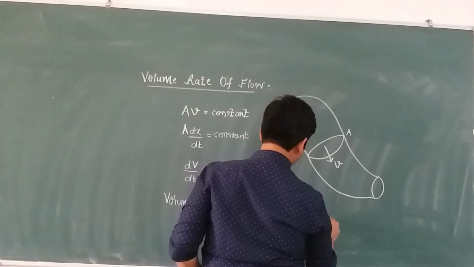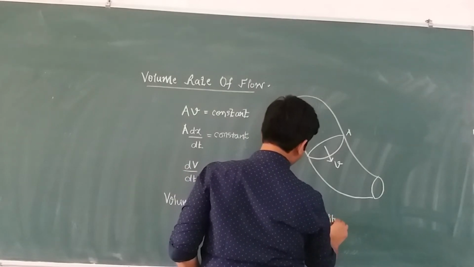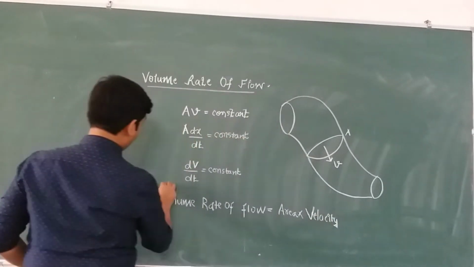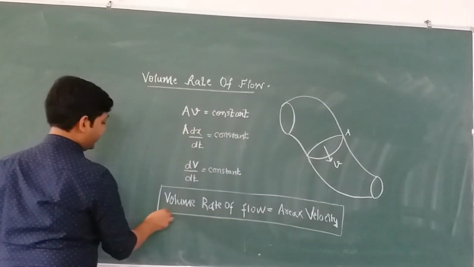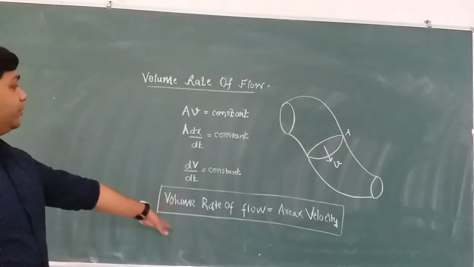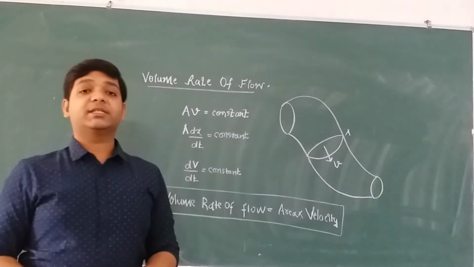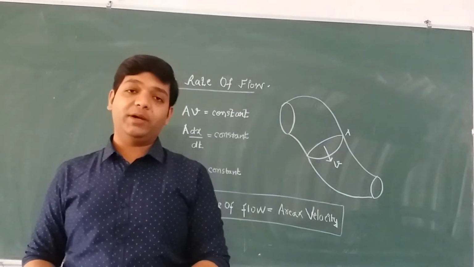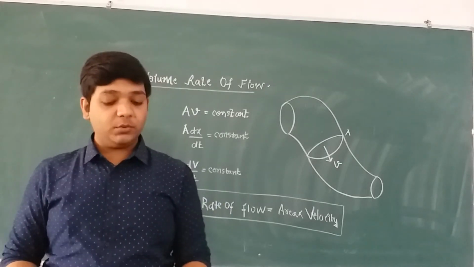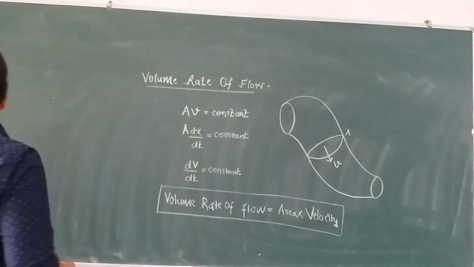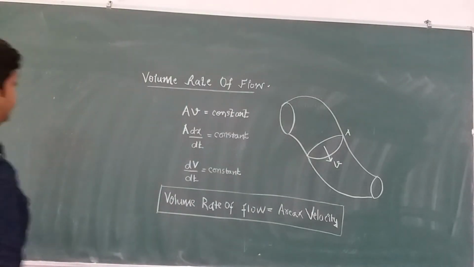This is an important relation and will be frequently used while solving numerical problems. Fine. So this is volume rate of flow. Now that we have discussed the volume rate of flow, we are ready to discuss the important application of Bernoulli's theorem, which is the Venturi meter. So please write this down, and now let us start studying the Venturi meter.